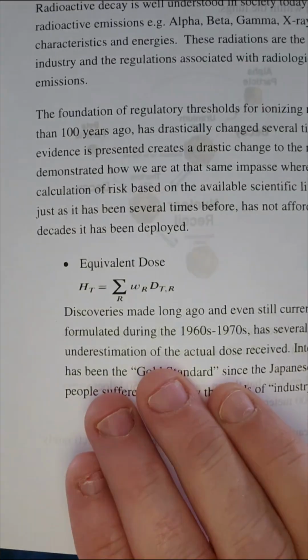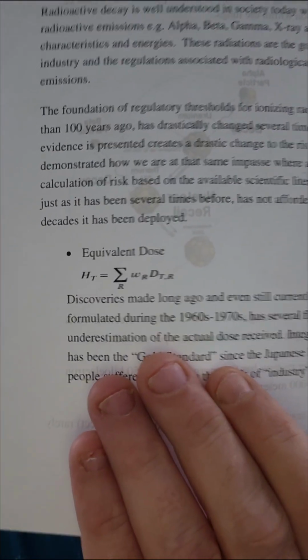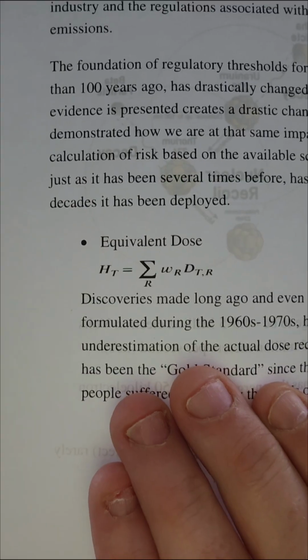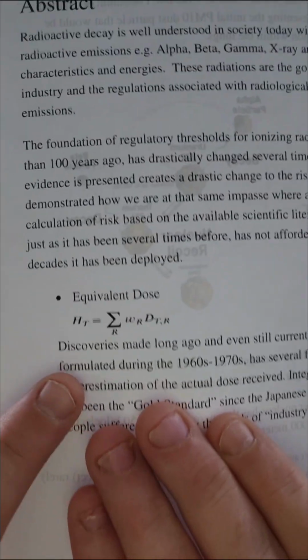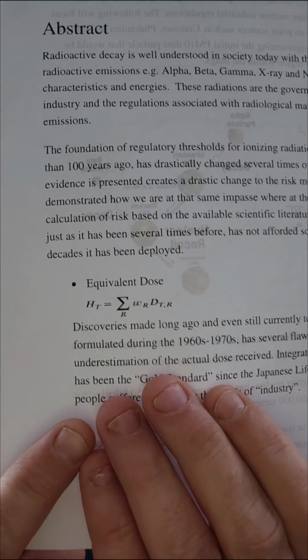I then go on to talk about this very important equation. Many of you know the name, the equivalent dose, but most people do not know how it's formulated and how this formula and calculation is actually made.